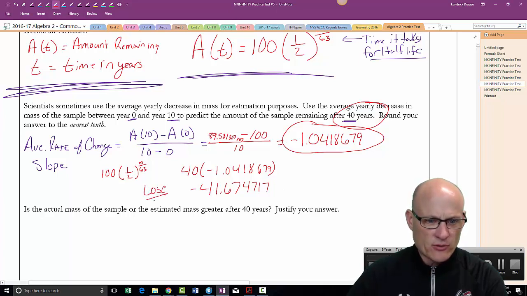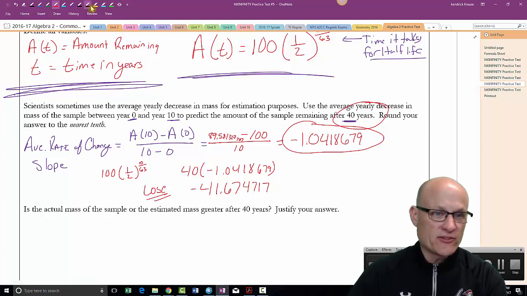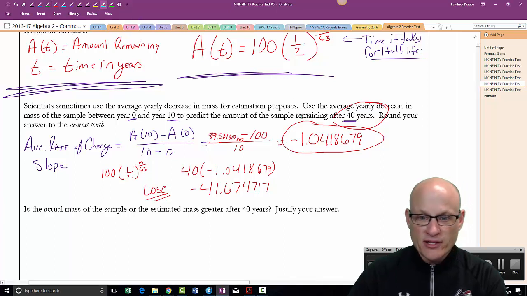What did they actually ask for? To predict the sample. Okay, so now this is careful. I think I almost made a mistake here. The question says to predict the amount of the sample remaining after 40 years, right?